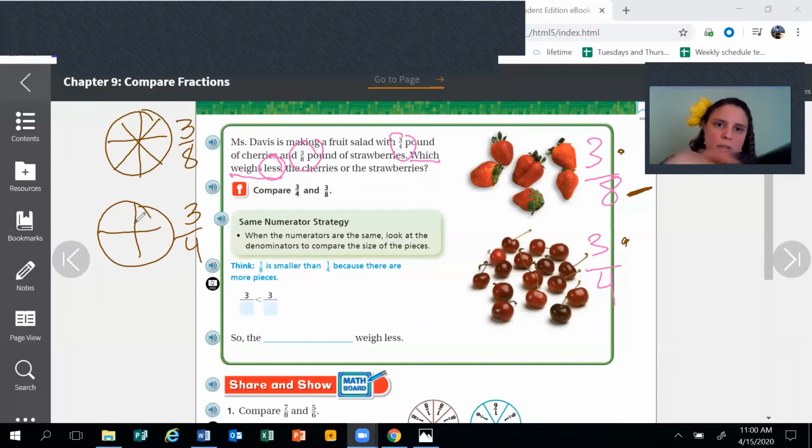All right, so 3/4 looks like this, and 3/8 looks like this. When we draw a picture, it is very obvious which one is less. So we know that the 3/8 is less, okay? So 3/8 is less.